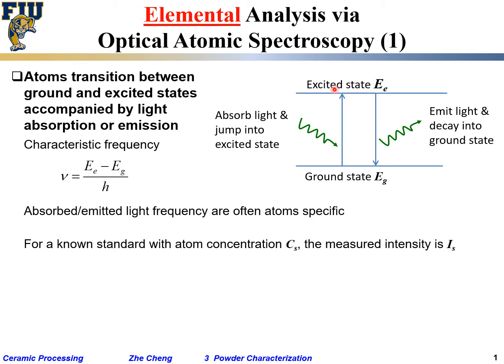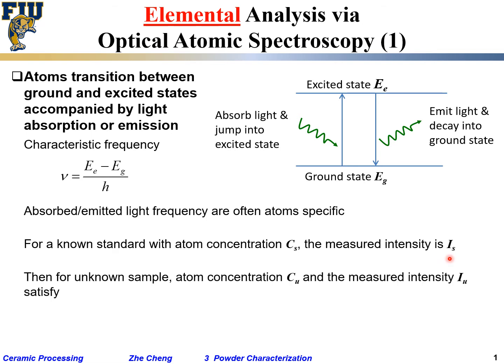For a standard with atom concentration Cs, C for concentration, S for standard, if we shine light onto it, the measured intensity is Is, I for intensity, S for standard. Then for an unknown sample, something you don't know, with atomic concentration Cu, where u means unknown, you can measure the intensity Iu.